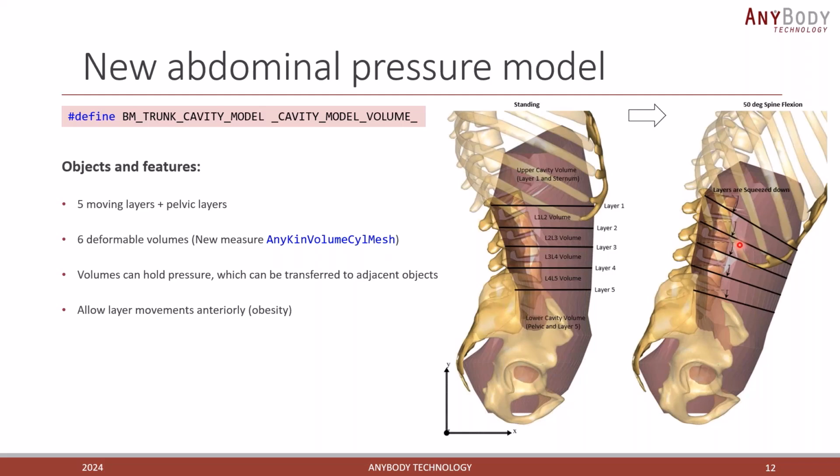That's why we call them deformable volumes. These volumes can hold the pressure, and then they can transfer the pressure to adjacent objects. I'll explain later a little bit about how they do that.